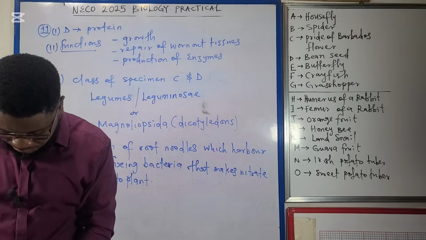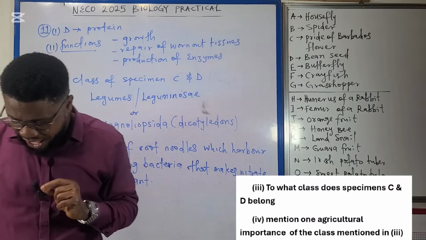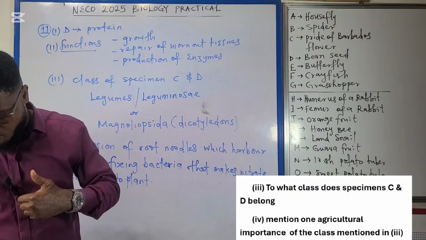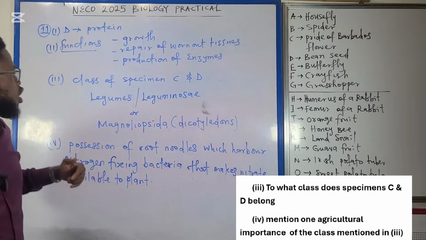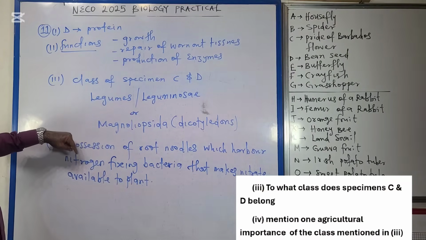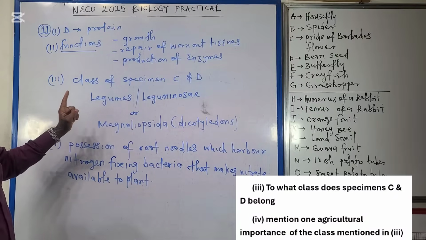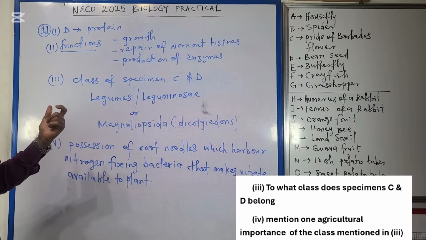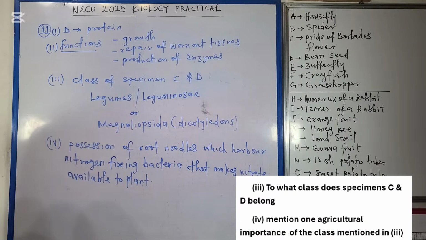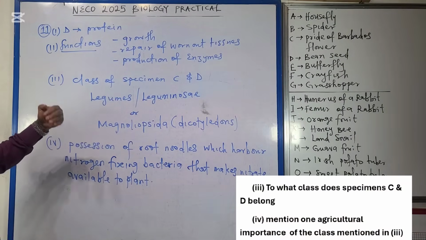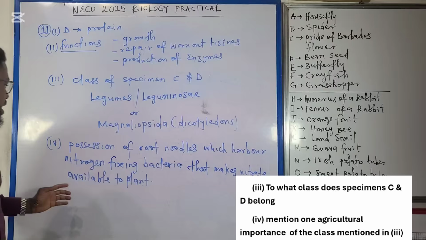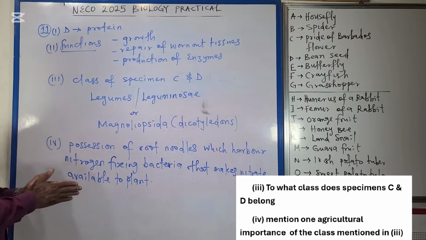Now to Roman figure 4, it says, mention one agricultural importance of the class mentioned above. So, the agricultural importance of legumes, not biological importance now. Agricultural importance is the fact that legumes make nitrates available to the plants in the soil.